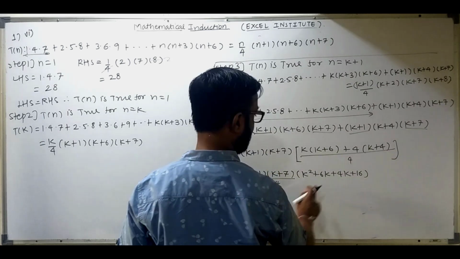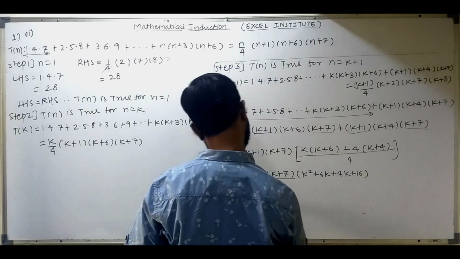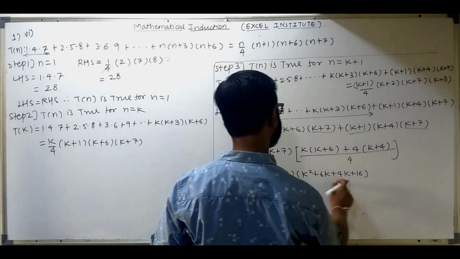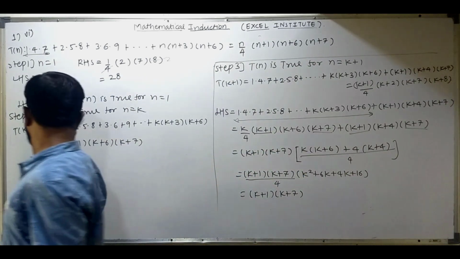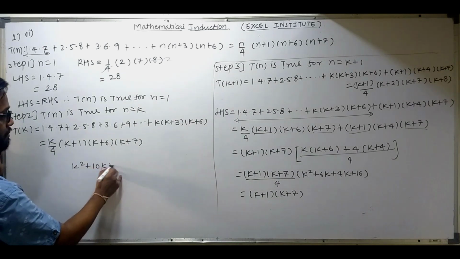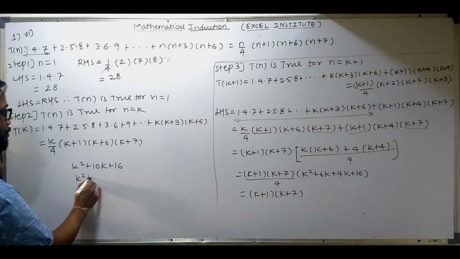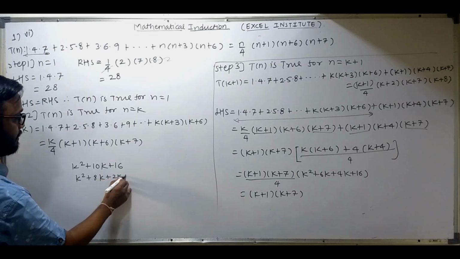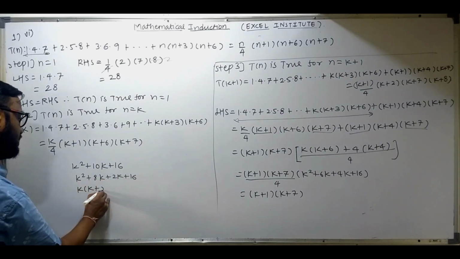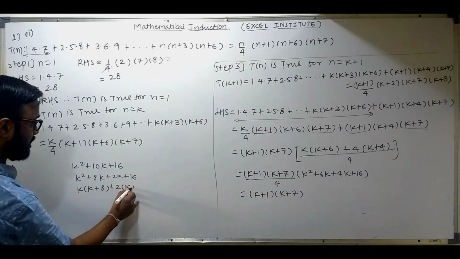So this is 10k plus 16. Beta, can you factorize k square plus 10k plus 16? I'll show you the factors separately. K square plus 10k plus 16: 8 twos are 16, so 8k plus 2k. K common, k plus 8, 2 times k plus 8.